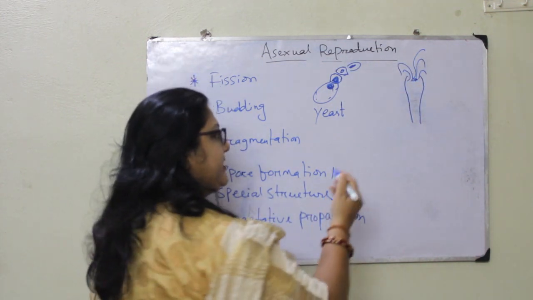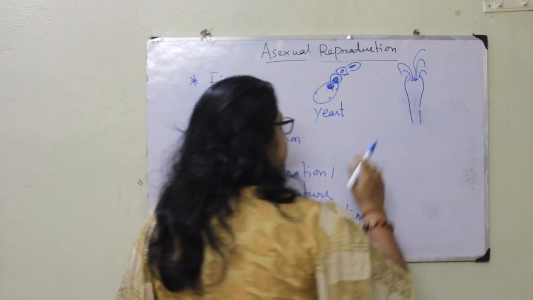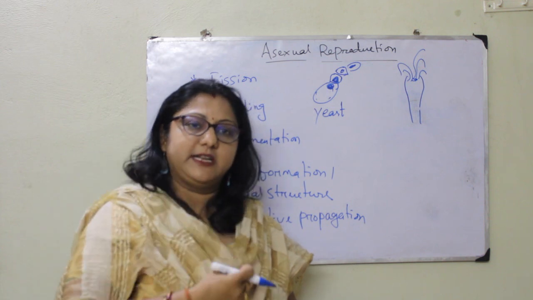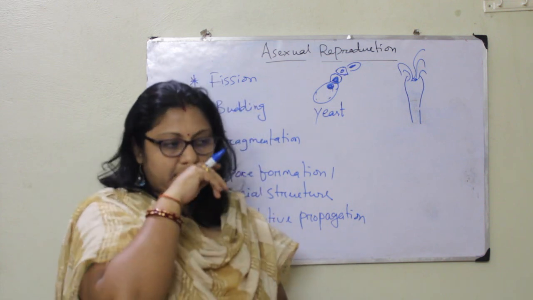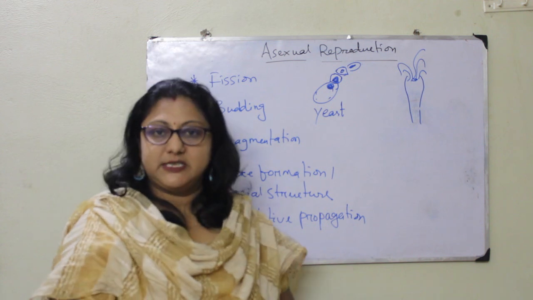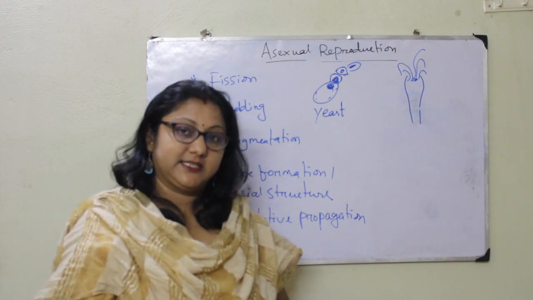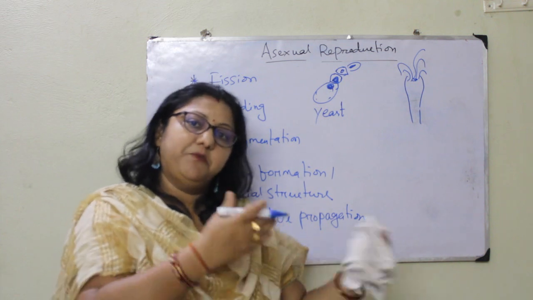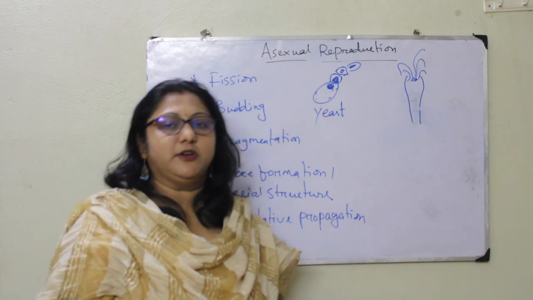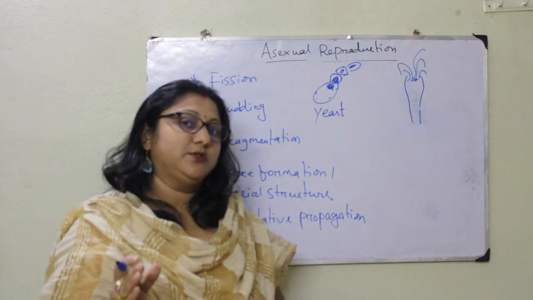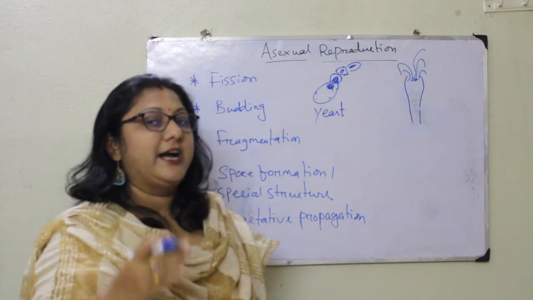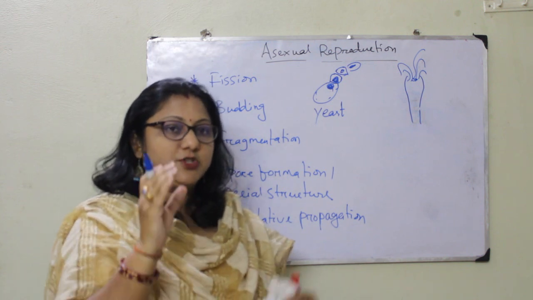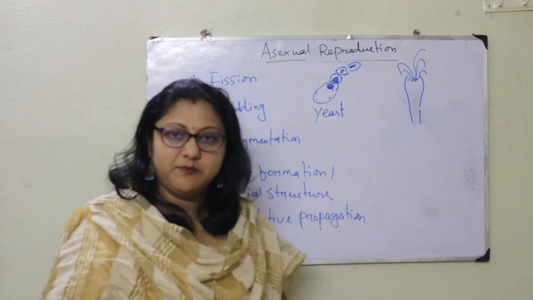So what happens in hydra budding? The hydra is capable of regeneration, right? Some regeneration process we have studied in class 10. What is this regeneration process? It is the process by which some special cells in the organism's body can develop into any part of the body. The hydra has such specialized cells, and they are capable of producing a bud which is exactly a miniature of the parental body.